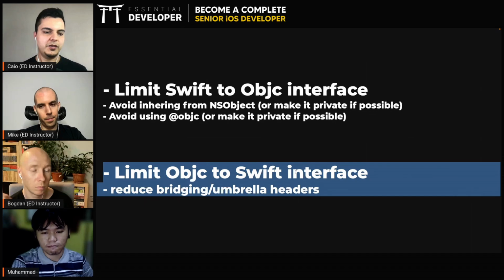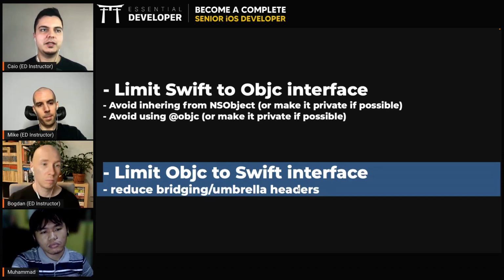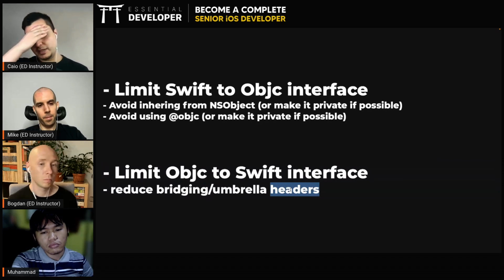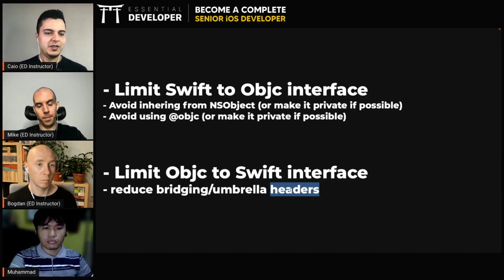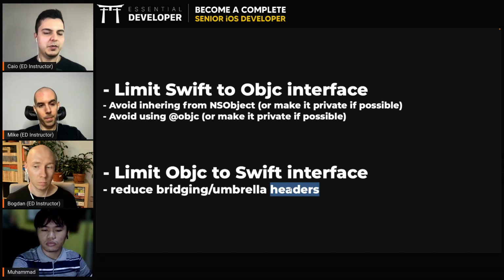Actually, you said it doesn't even need to be that large, right, Bogdan? Yeah. Even medium or even some small code bases can see a negative impact of large headers. Because when you have a legacy code base that was built in Objective-C, it's all Objective-C, and now you want to start adding some Swift, you need to expose everything to it. And you have this huge bridging header. Okay, the project compiles now, but it takes forever because it cannot parallelize anything anymore.